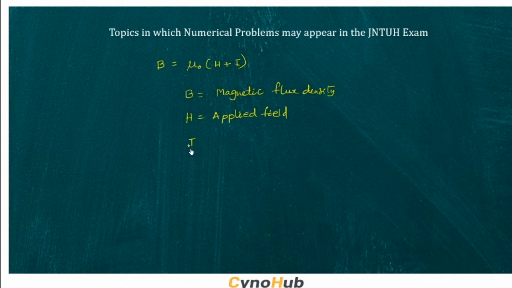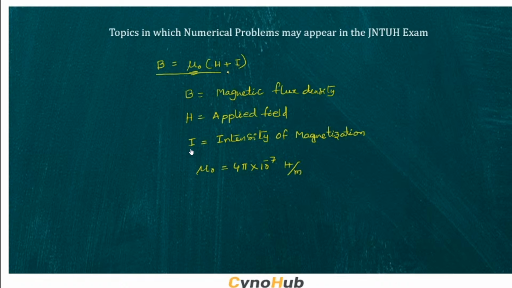This is also called magnetization or intensity of magnetization. There is a constant in this equation. Just guess what that is. Yes, mu naught. Do you know its value? It is called the permeability of free space. Mu naught is equal to 4 pi into 10 power minus 7 Henry per meter. This is the equation, quite likely, that you will get a problem on from the 5th unit.